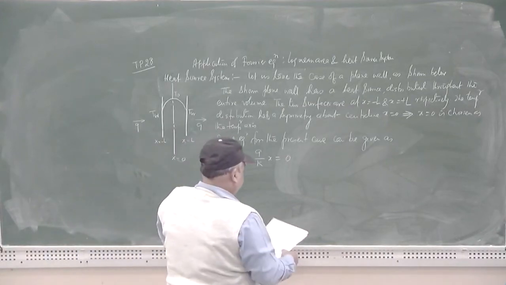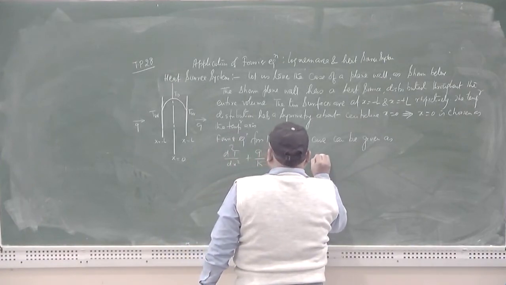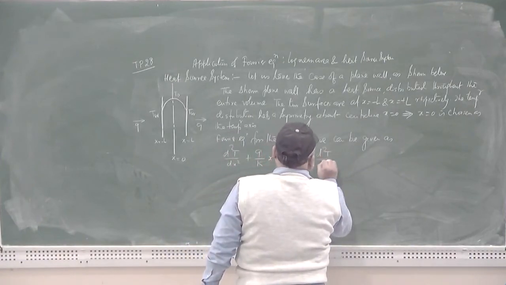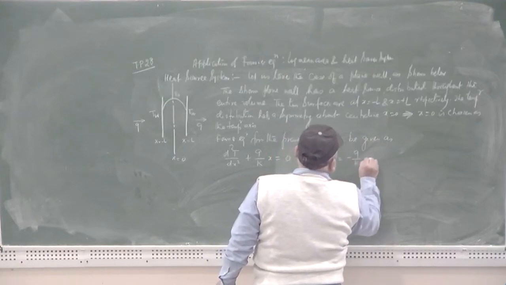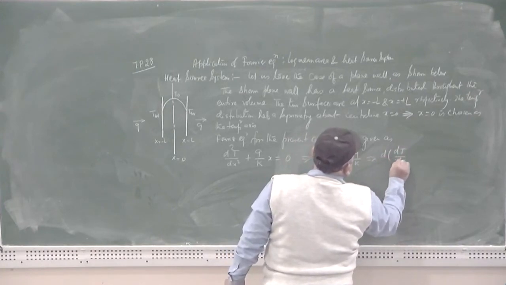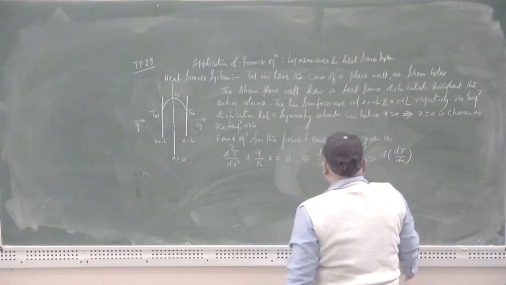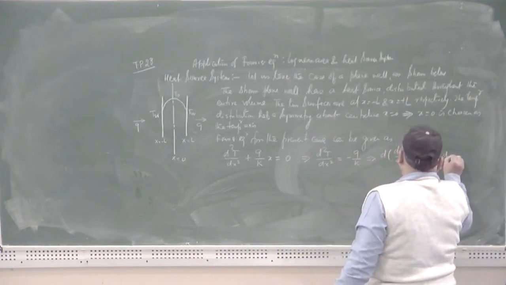So d2T by dx2 is equal to minus q upon k, or d of dT upon dx is equal to minus q upon k dx.